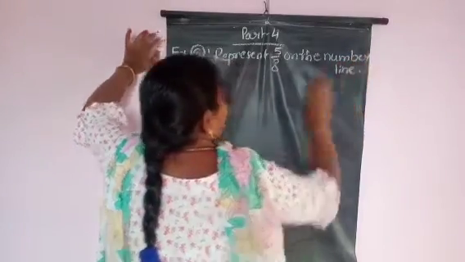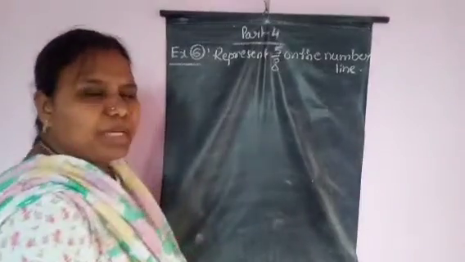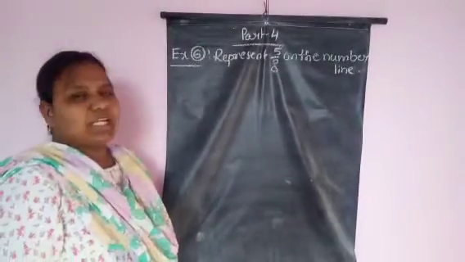Let us see how we can represent 5 by 8 on the number line.